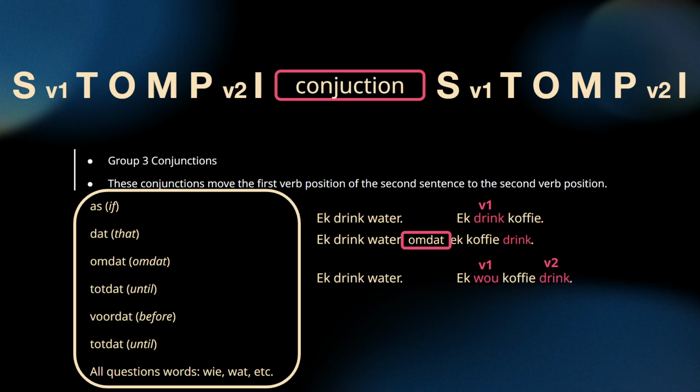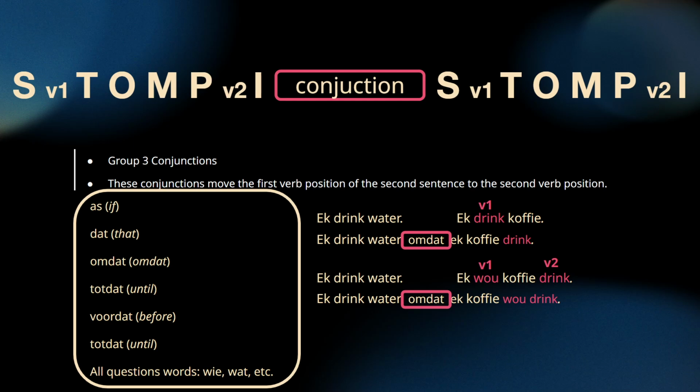Let's take a look at an example where I now have a verb already in the second verb position. Ek drink water, and my second sentence, ek wou koffie drink. I wanted to drink coffee. So if I now place my group 3 conjunction omdat, because, in that position, ek drink water, omdat ek koffie wou drink.